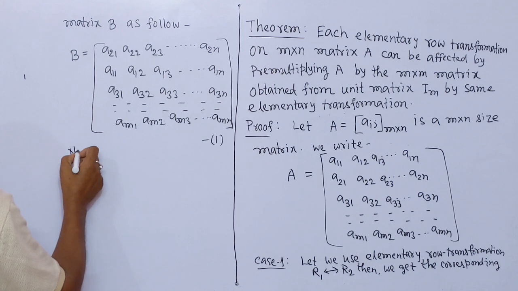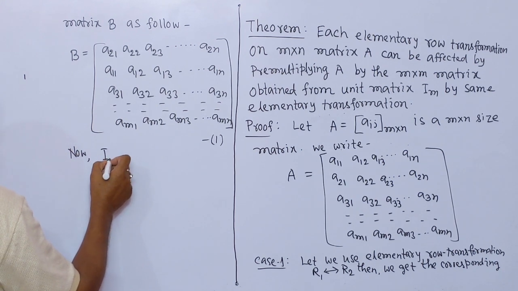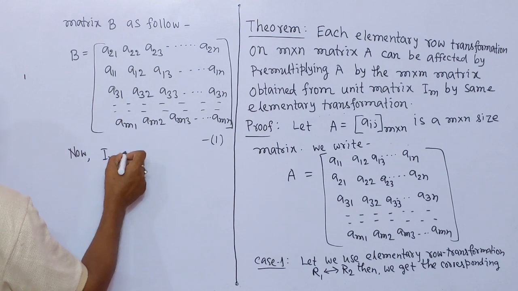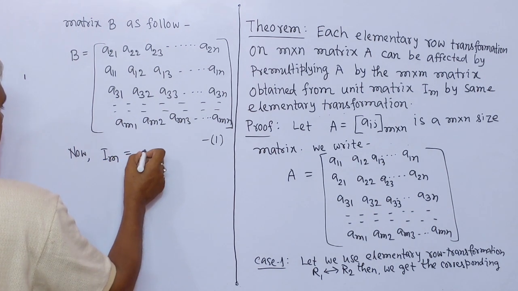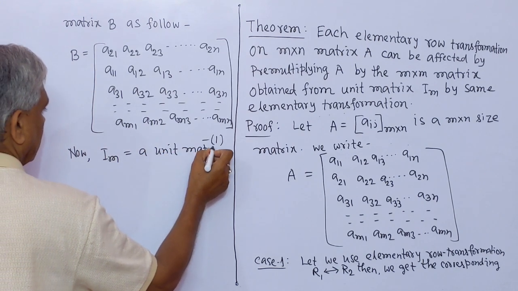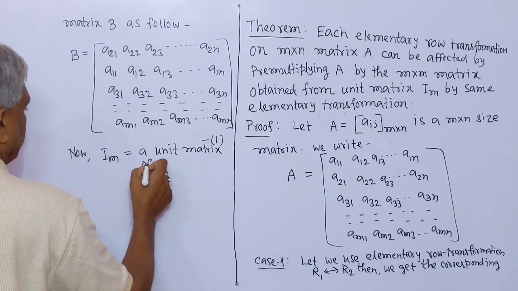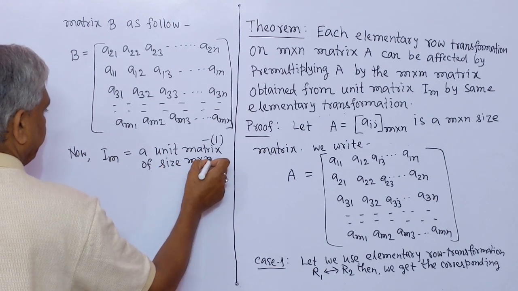Now Im is the unit matrix of order m, a unit matrix of size m by m.